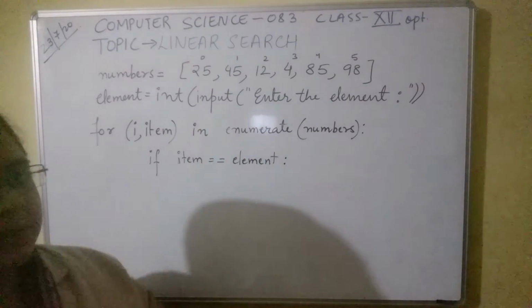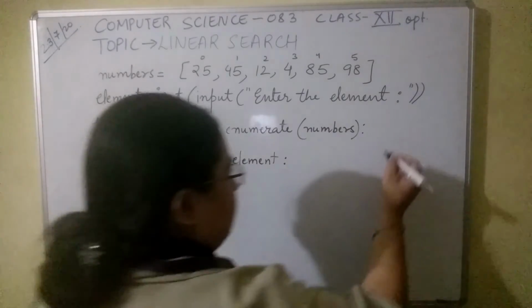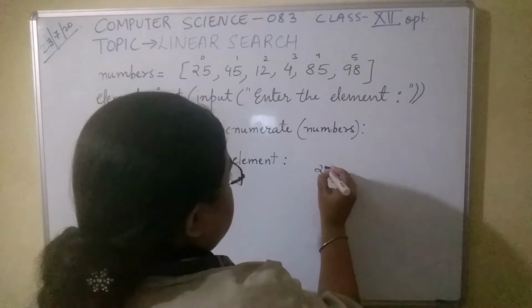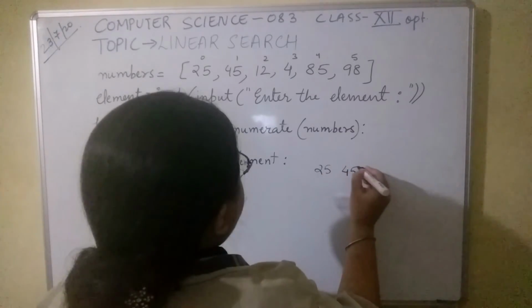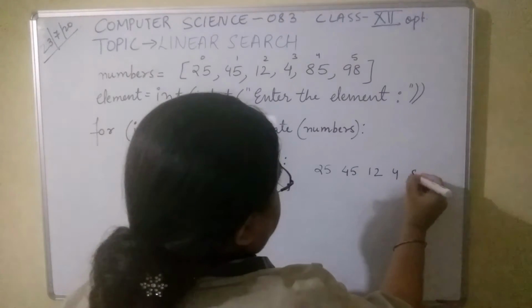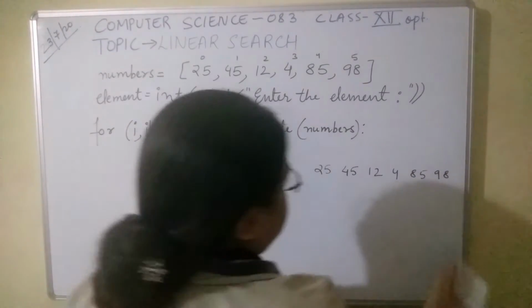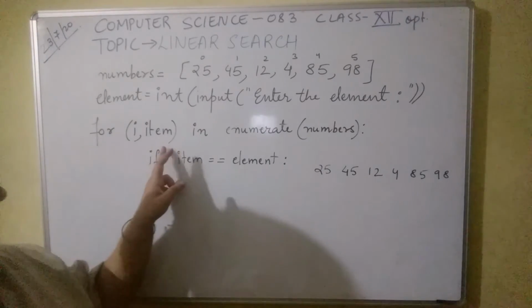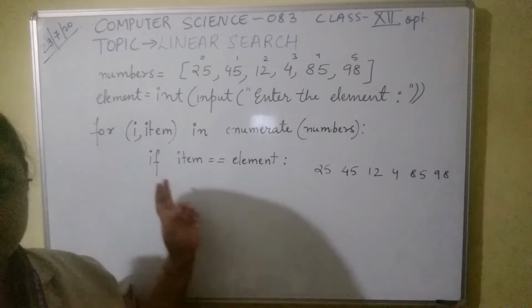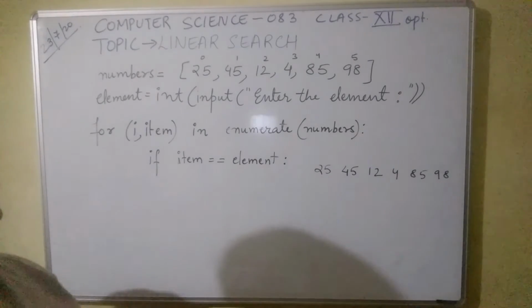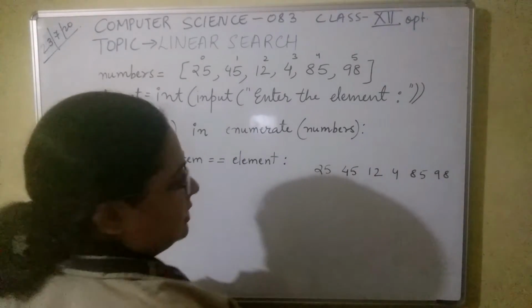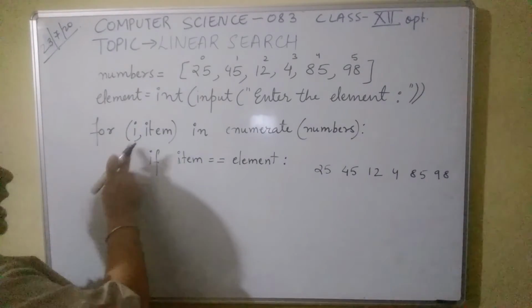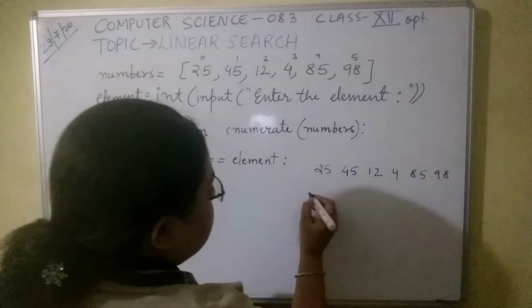Now what is this enumerate function used for? If you have a list like I have over here which contains these values, I am using the variant of a for loop, for item in collection. So what this enumerate function is going to do is create a tuple containing i and item, where i is the index.